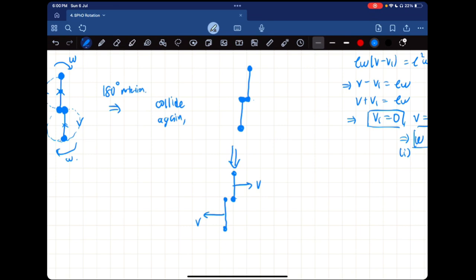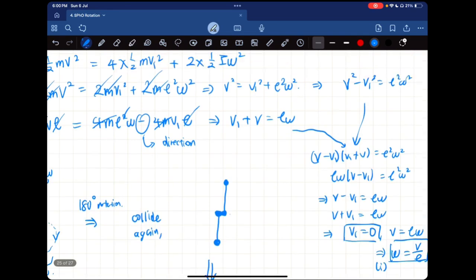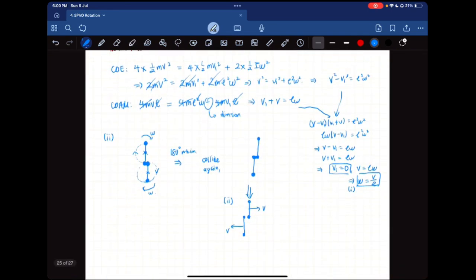By using the reasoning of the first collision in reverse, the rods lose their angular velocity and regain their initial translational velocity, as if the rods just pass right through each other, but flipped upside down. That answers the second part of the question. So the rods will just flip upside down and move like that. That is the subsequent evolution of the system.